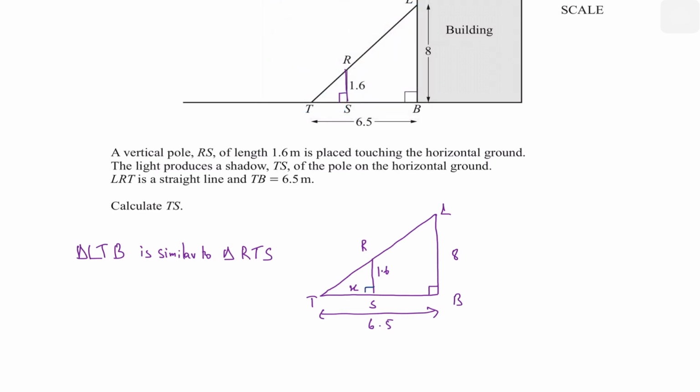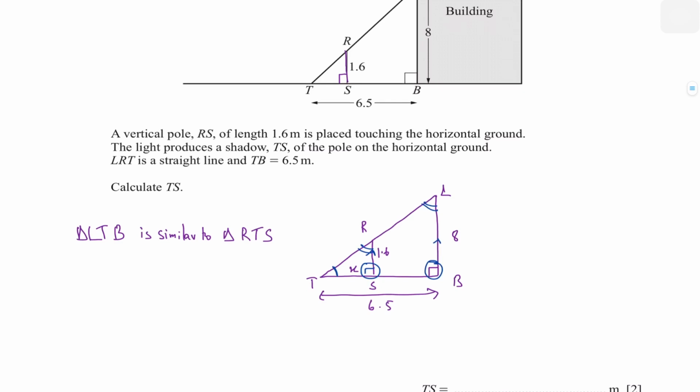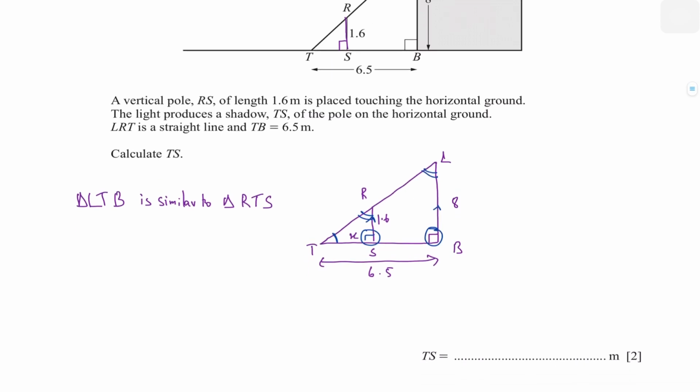This is a 90-degree triangle, so these two angles are the same and they share a common angle, which is angle T. Since lines RS and LB are parallel, angle TRS is the same as angle TLB because of corresponding angles.